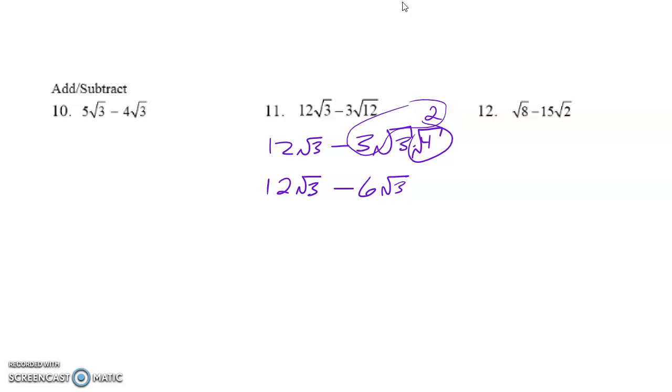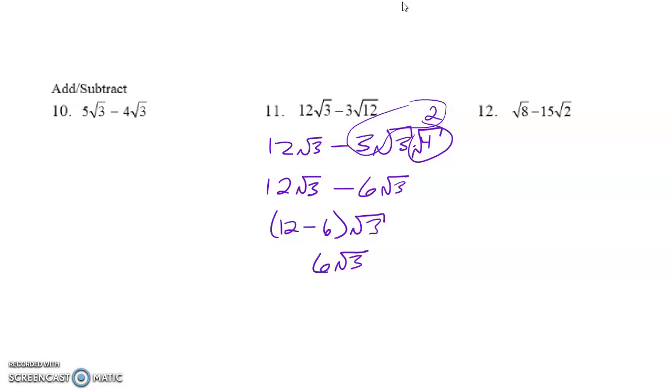Now I have like terms. So if I have 12 root 3's and I take away 6 root 3's, or if you think of it as factoring out the common factor of root 3, same, then 12 minus 6 is 6 root 3's left over. So that is how you would approach these types of problems.